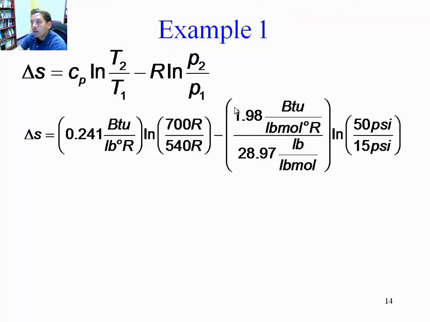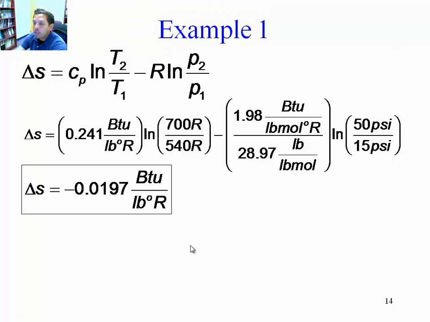Minus R, the universal gas constant in US customary units is 1.98 BTU per pound mole Rankine, and the molecular weight of air is 28.97 pound per pound mole. That gets rid of the pound mole and gives you the gas constant for air. And that multiplies the log of 50 over 15 psi. The change in entropy is calculated to be negative 0.0197.